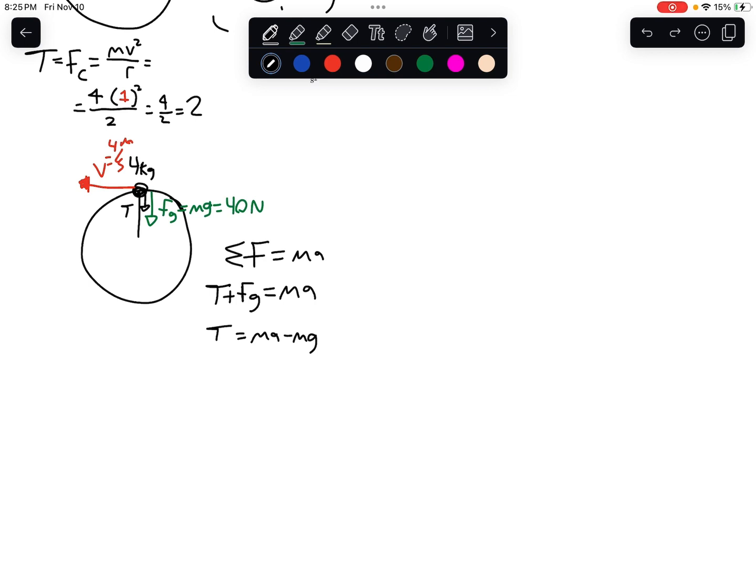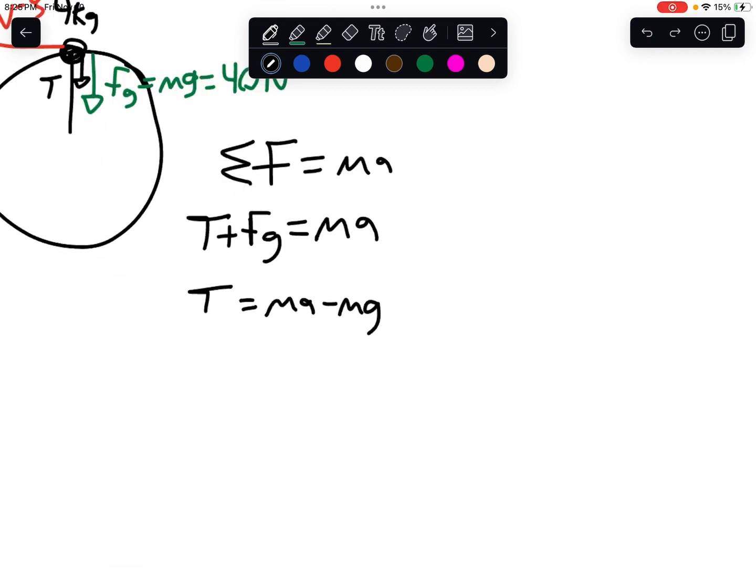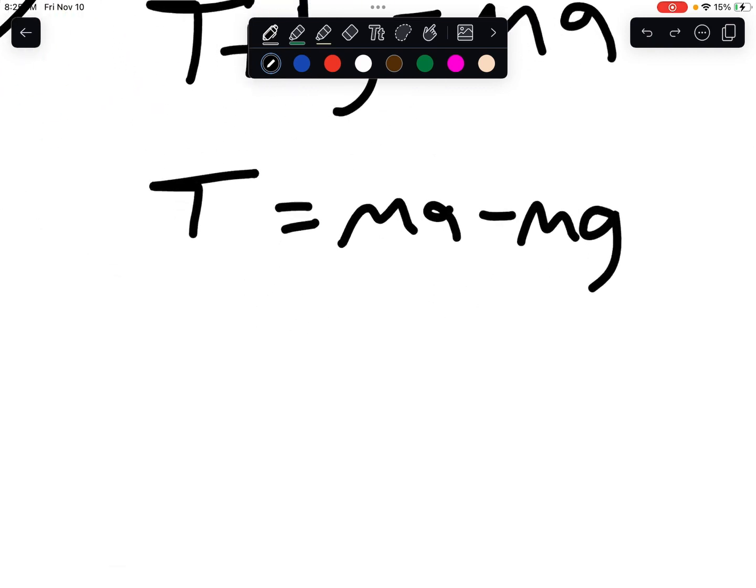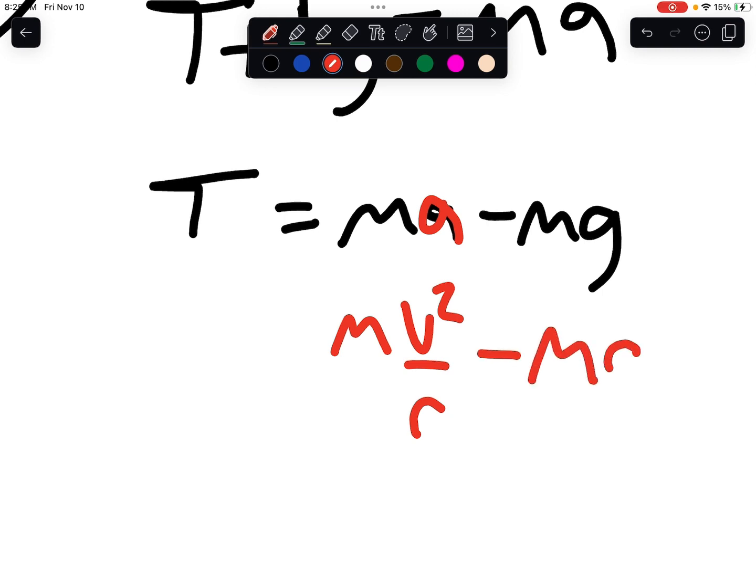But we know there's acceleration in towards the center of the circle, otherwise it wouldn't be traveling in a circle. So we can replace this a with v squared over r. So mv squared over r minus mg equals T.